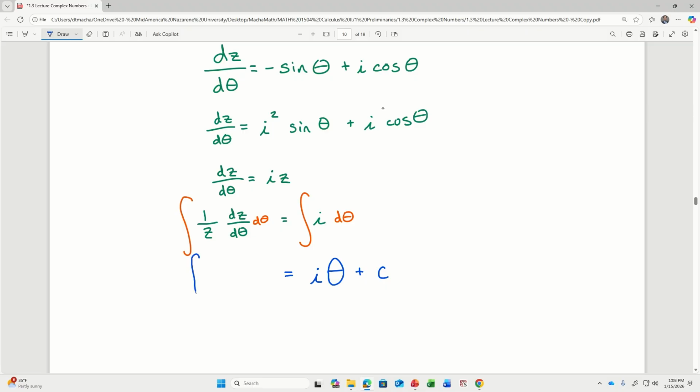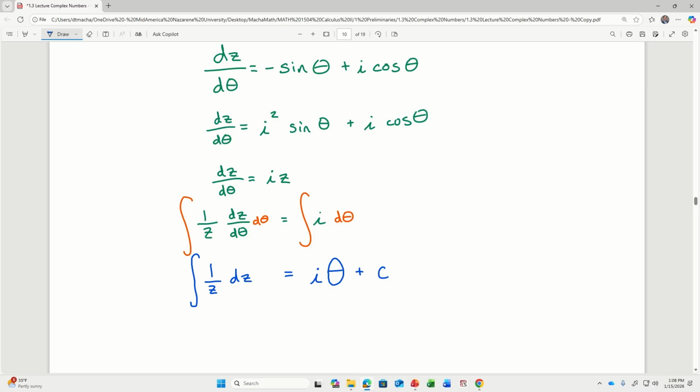On the left side, I'm going to cancel out the d thetas that appear, because one of them is in the numerator and one of them is in the denominator. Remember, in Leibniz notation, the little d theta is talking about a small change in the variable theta.